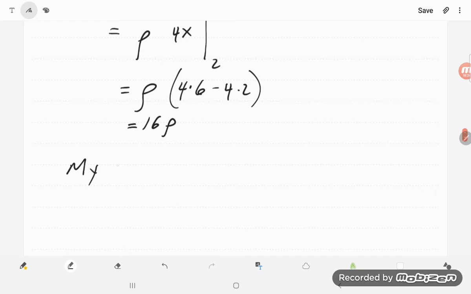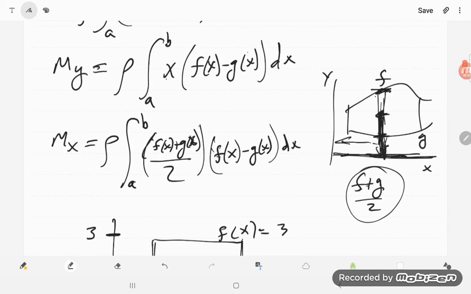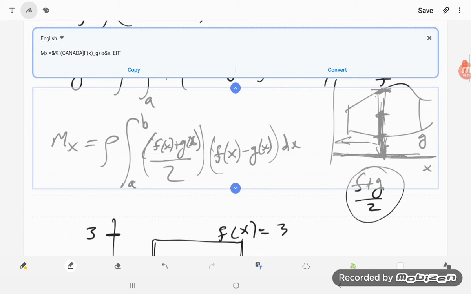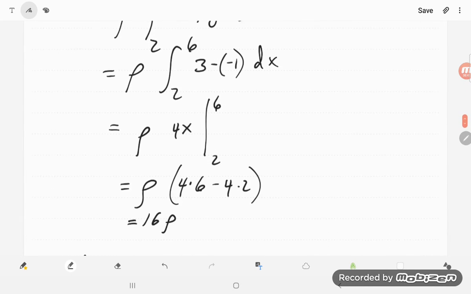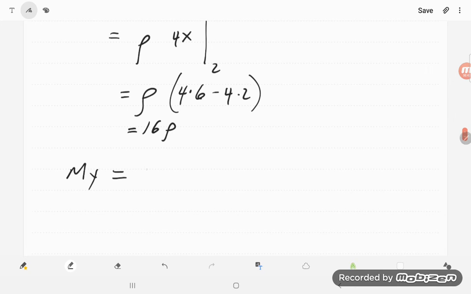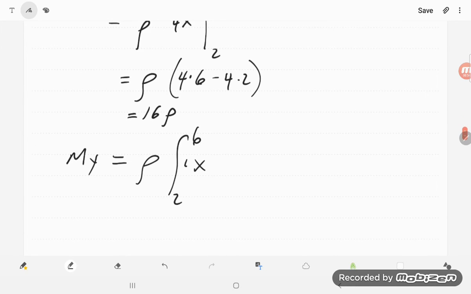M sub y. Remember, for m sub y we take rho and then toss in an x in front of our mass statement. So this is rho, the integral from 2 to 6, x times, and again we had just 4 in there, so I'm going to write that as 4x dx.